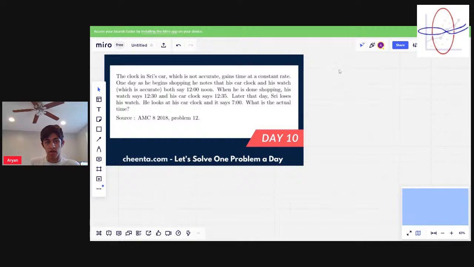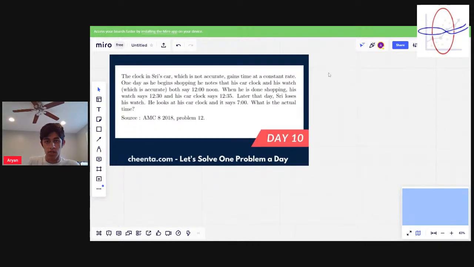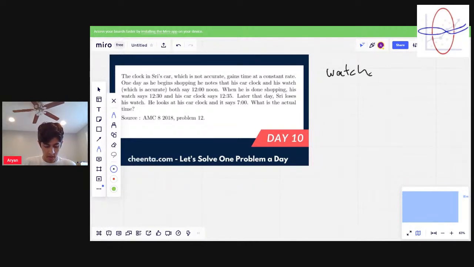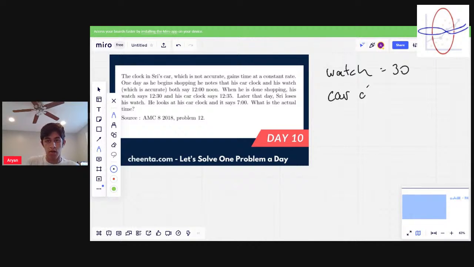So from 12 o'clock to 12:30, while his watch shows 30, his car clock shows 35 minutes, right? So now if we set up a proportion, because it says that the car clock and the watch gain time at a constant rate.